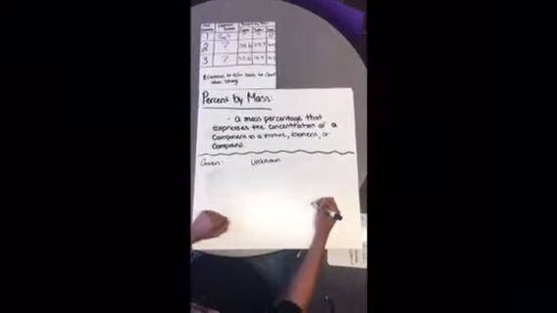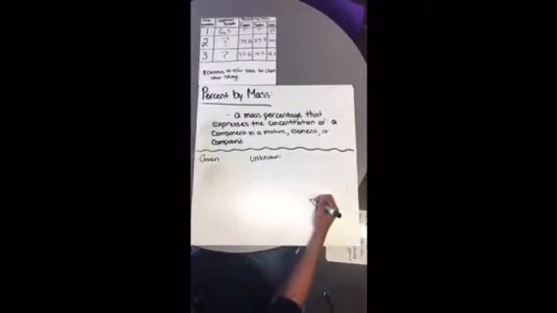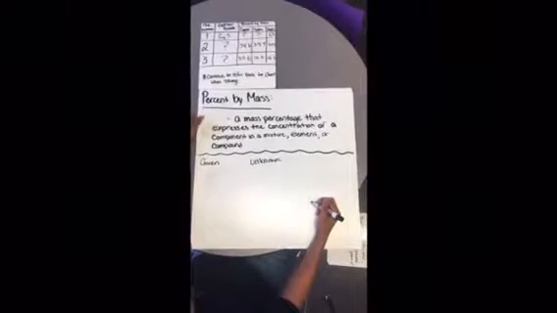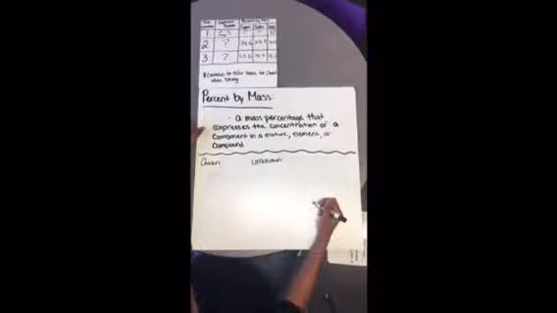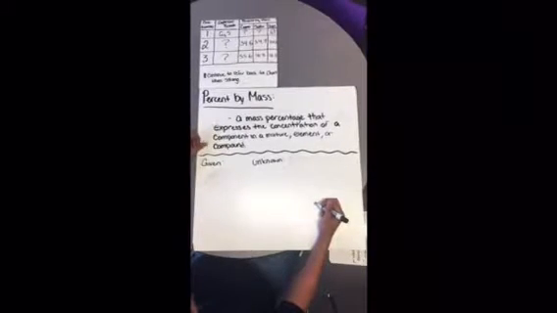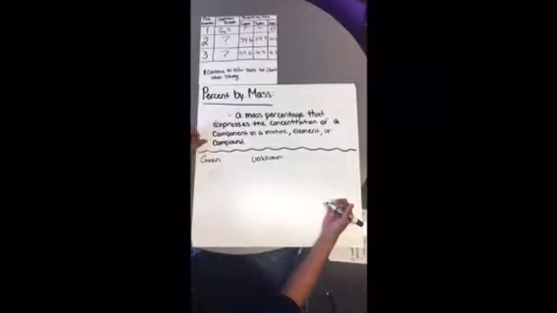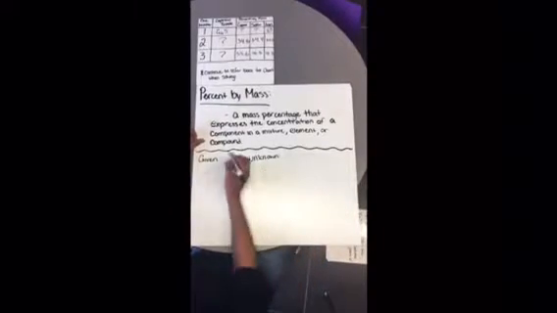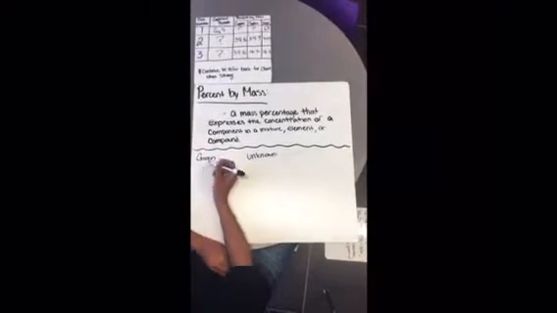Alright, so the first question of the day is, what is the percent by mass of copper in Cu2S? Percent by mass means a mass percentage that expresses the concentration of a component in a mixture, element, or compound. So we're going to find the percent mass in Cu2S, and that is a compound. So we're going to list all of our givens.